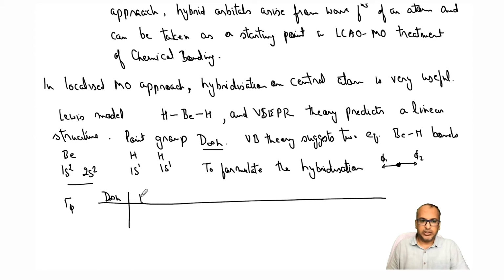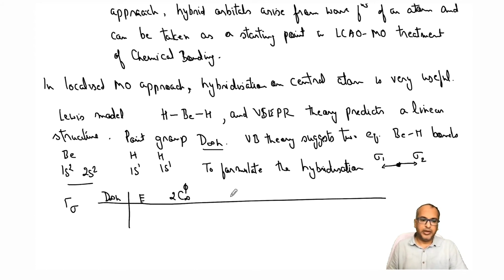Let's not jump the gun. So E, 2C infinity, then phi. So let's not create confusion, let's call this sigma, sigma 1, sigma 2.